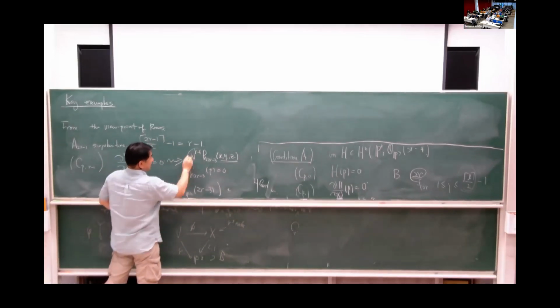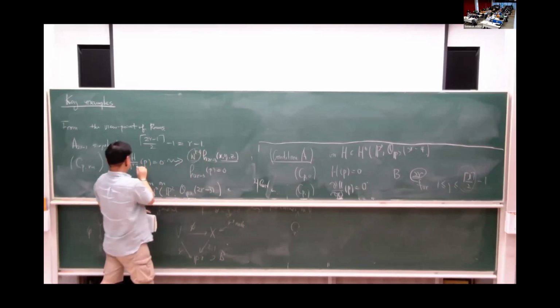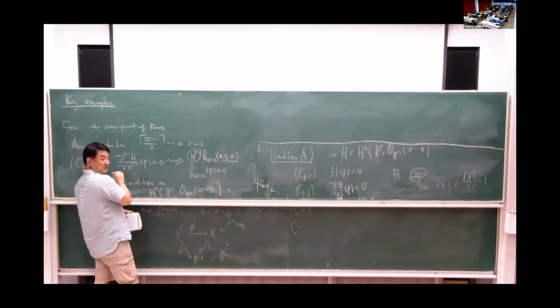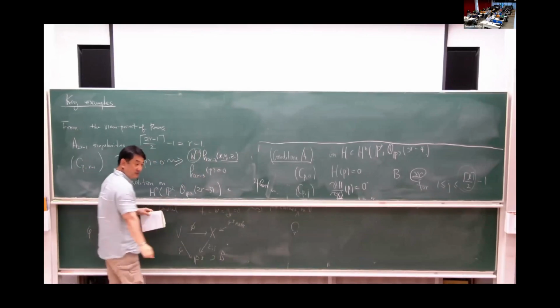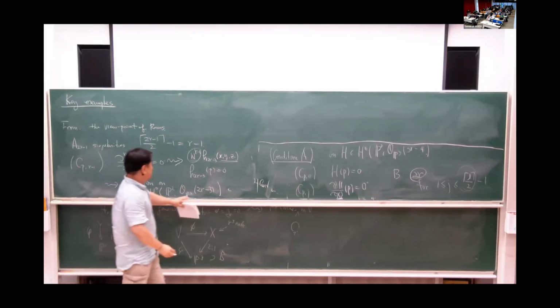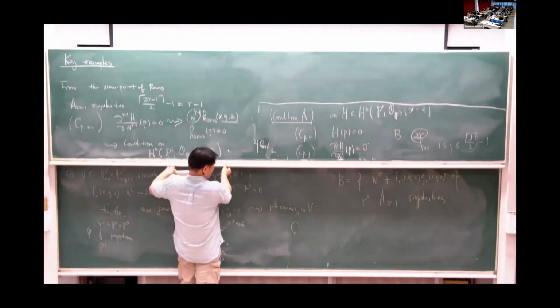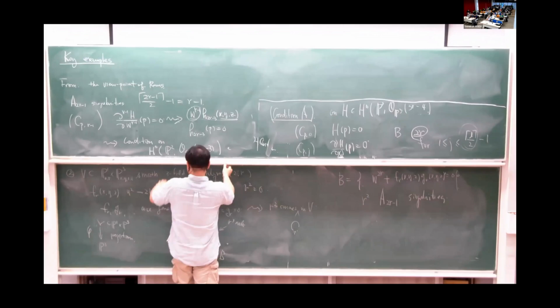I mean, without this, it automatically vanishes, right? Only because you take this condition. All right, and then you have these r squared conditions here, all right?